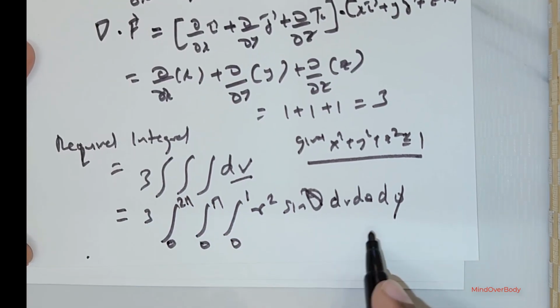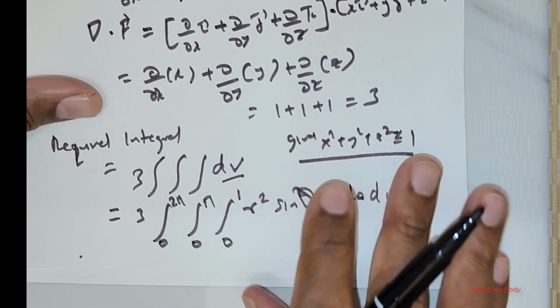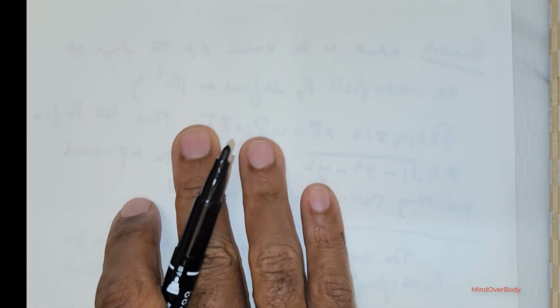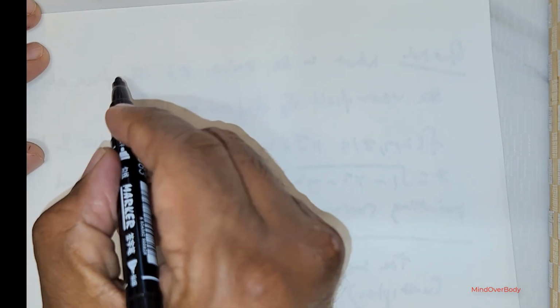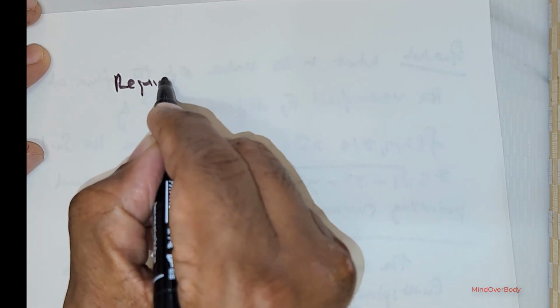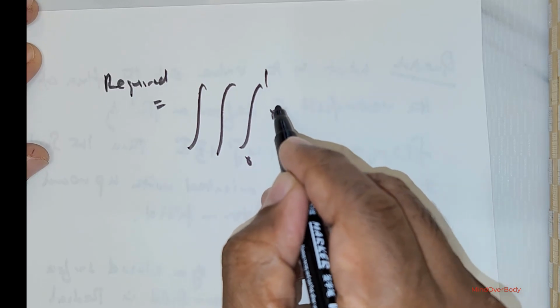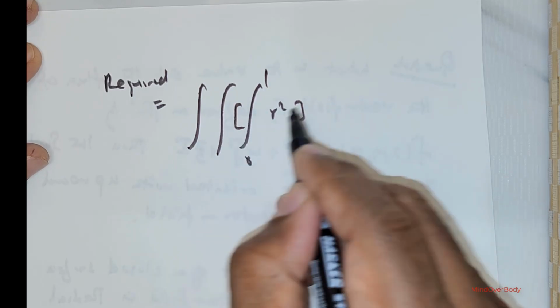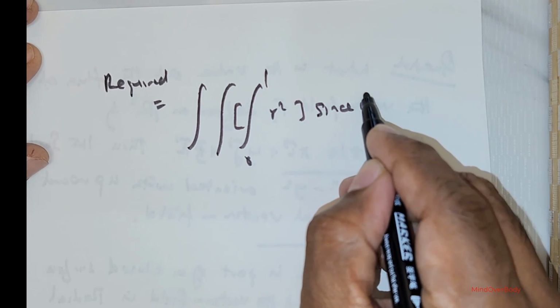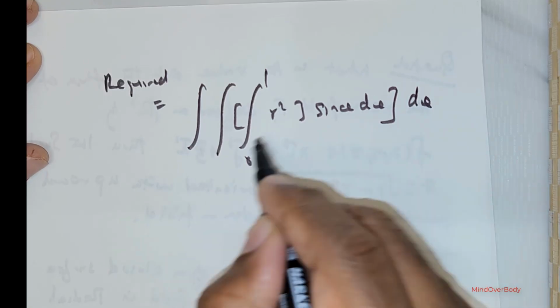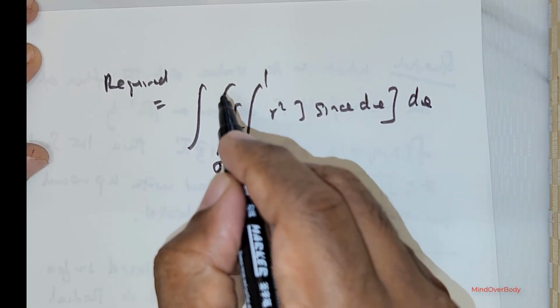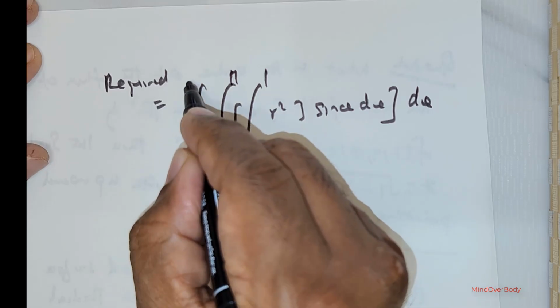So I'm going to show you how to integrate this. Let me just split this off. The required value is the triple integral, 0 to 1 of r squared times sine theta d theta d phi, with theta from 0 to pi and phi from 0 to 2 pi.